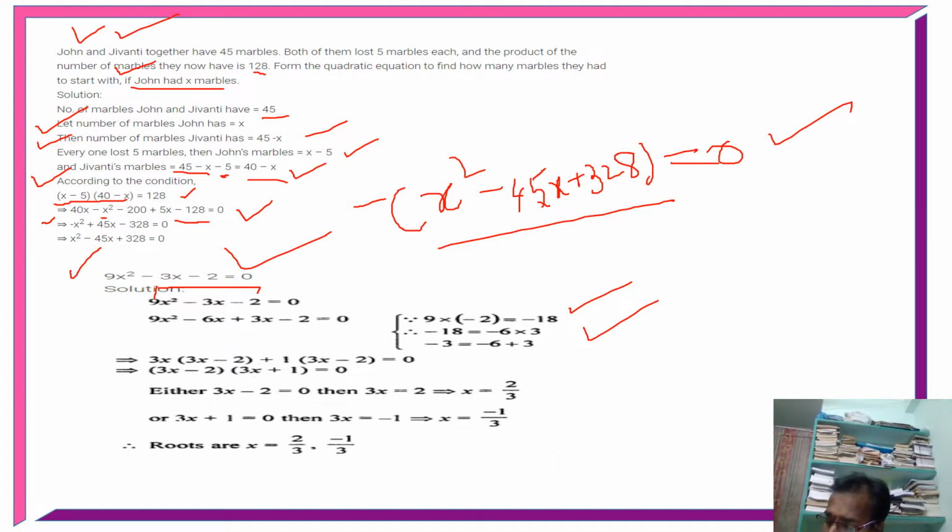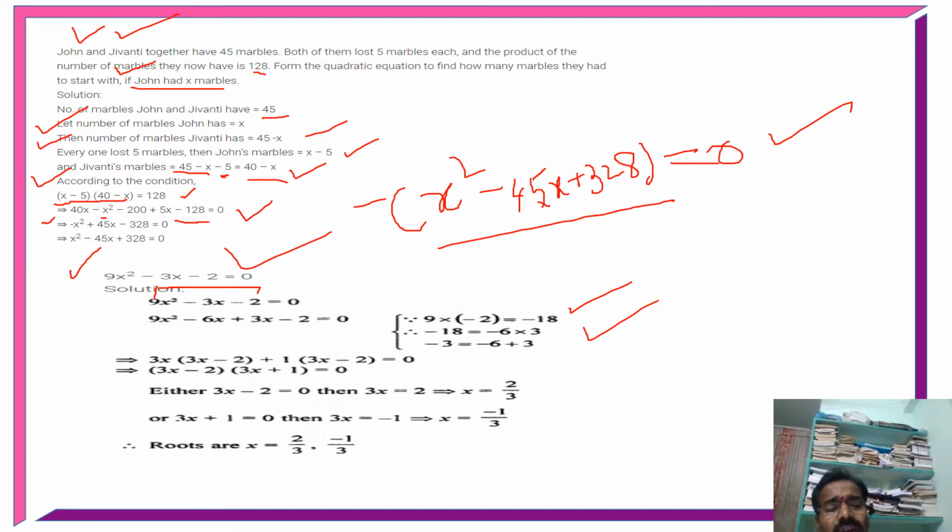All of you know how to split the middle term to find the factors or zeros. We apply the same method which you learned in class 8. So find the product of extremes, that is minus 18. Product should be minus 18x square and sum should be minus 3x.